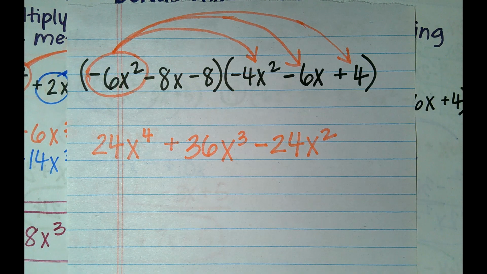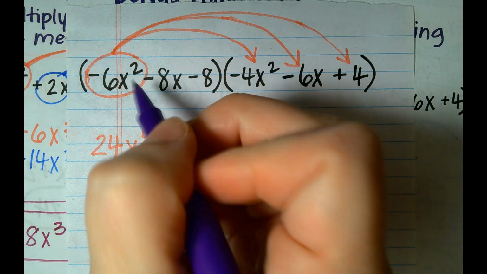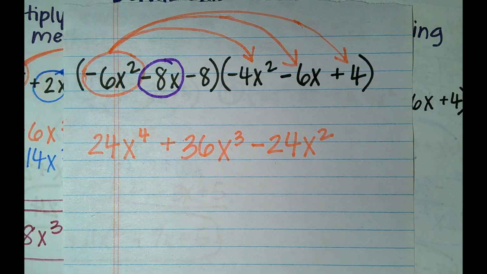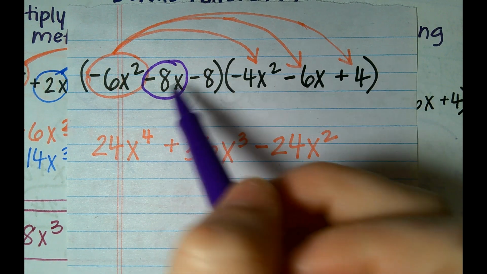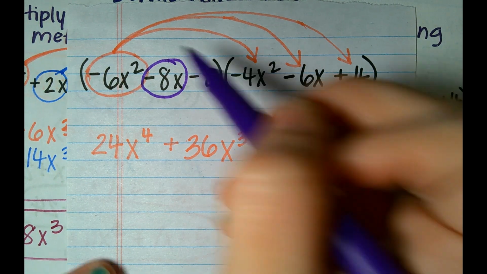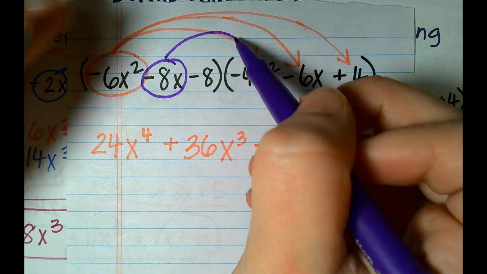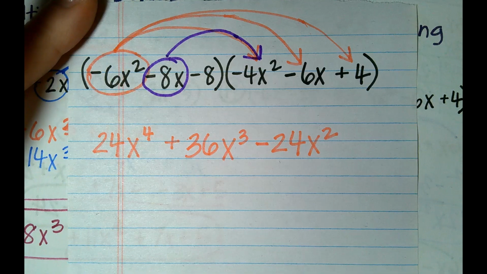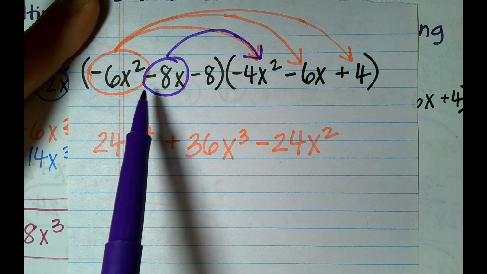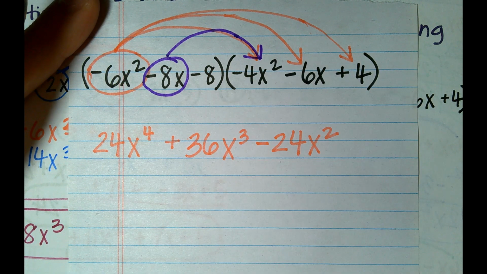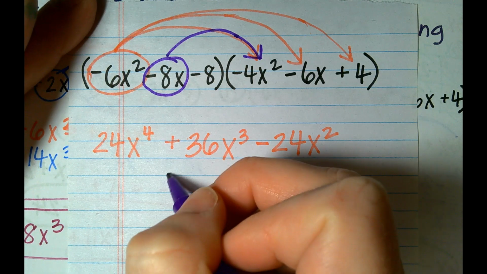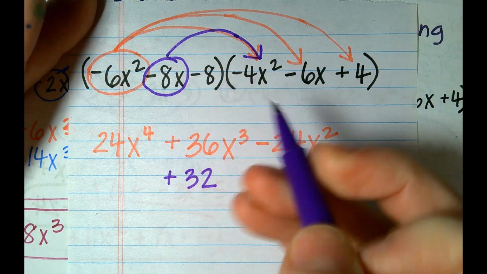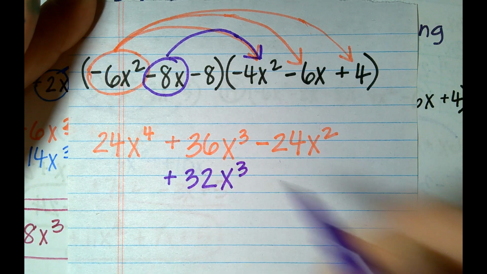Okay, so now let's move to our second term, negative 8x. And we're going to do the same process over again. Negative 8x times negative 4x squared. Positive 32x to the third power.